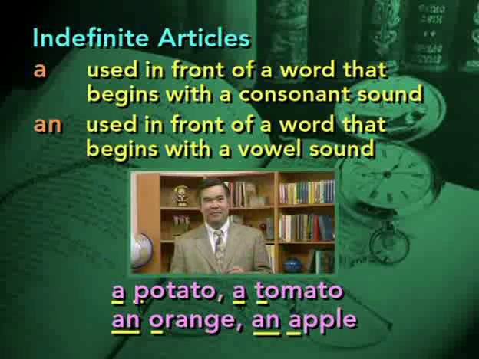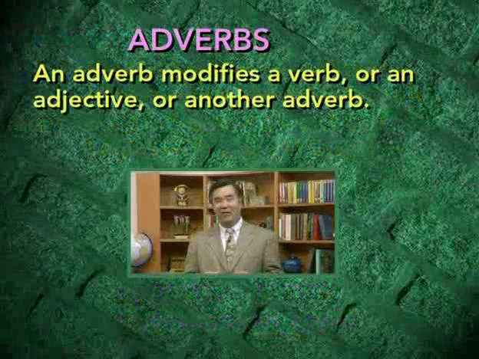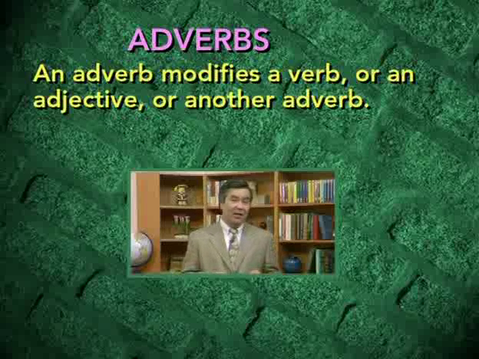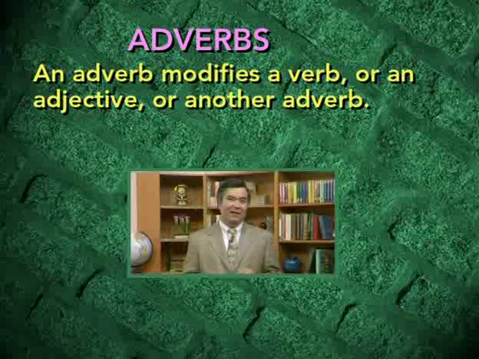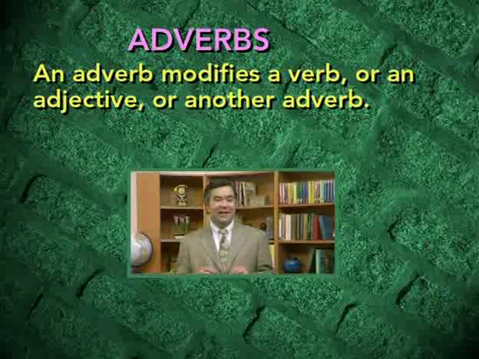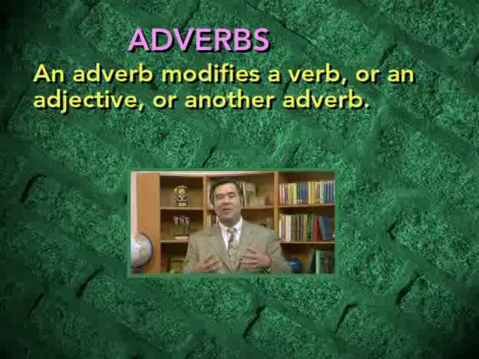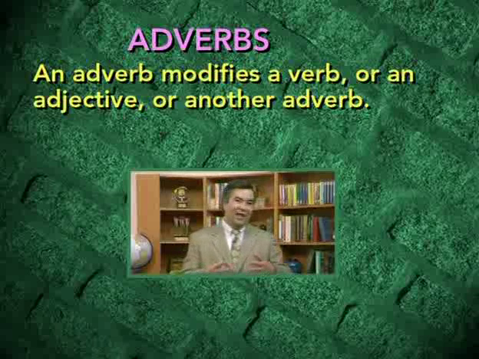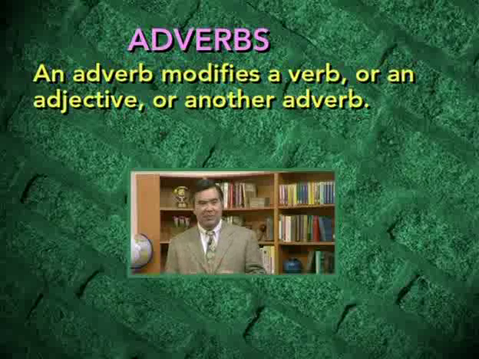The third type of modifying word is an adverb. An adverb modifies a verb or an adjective or another adverb. When an adverb is used in a sentence, it generally tells us how. It gives more information about the action described by the verb or the quality described by the adjective or even another adverb.